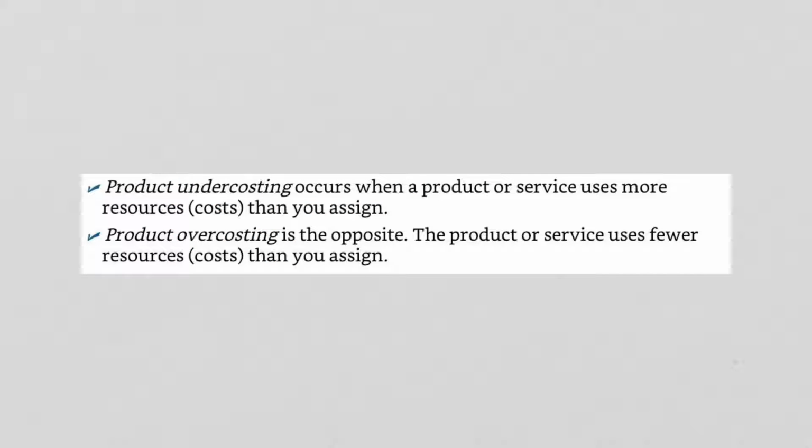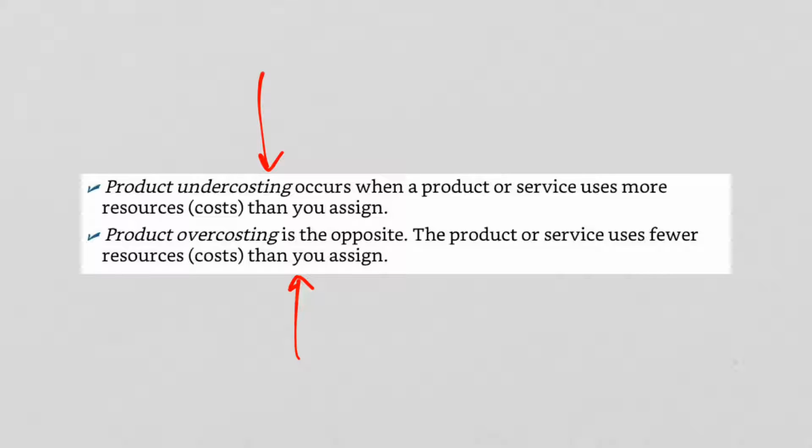So when you don't use ABC, you may wind up doing what's called undercosting when the clients are using more resources than we're actually allocating. And the opposite happens if you're undercosting in a cost pool. You have to be overcosting in that same cost pool where you're putting more costs to areas that are not using as much.